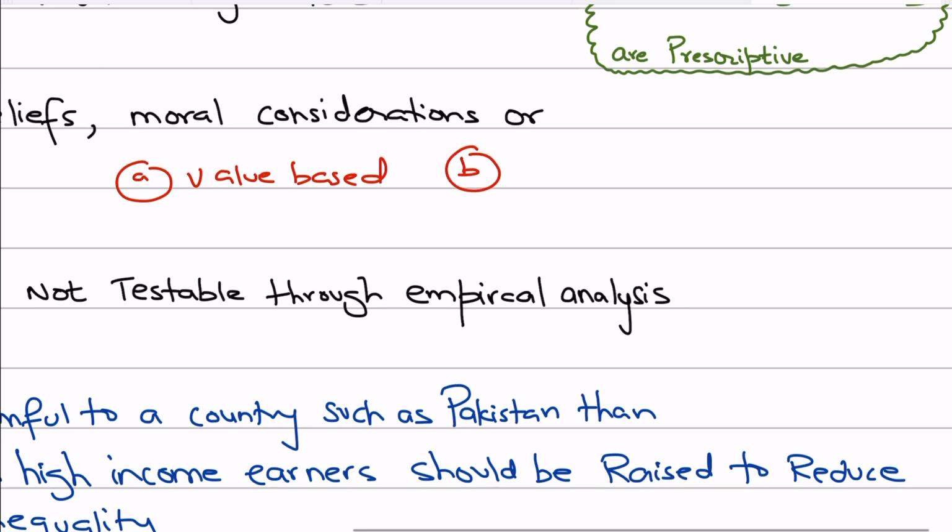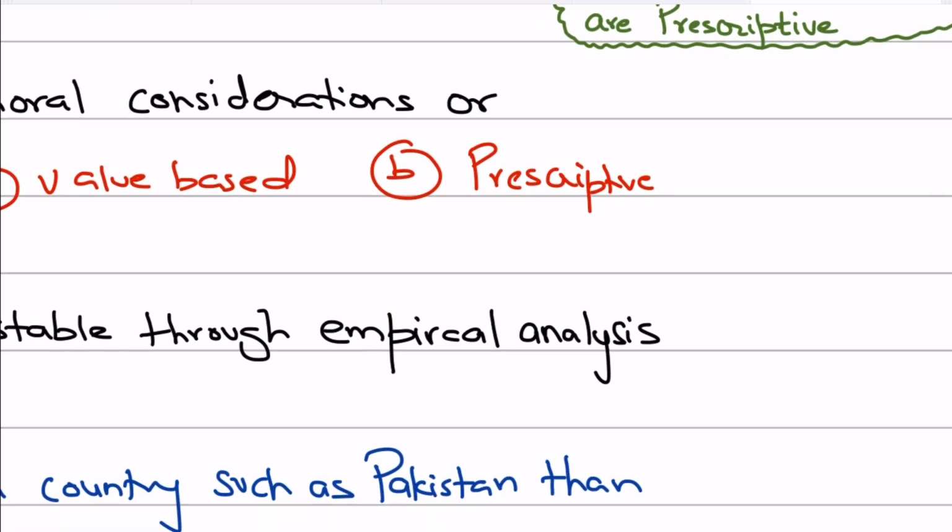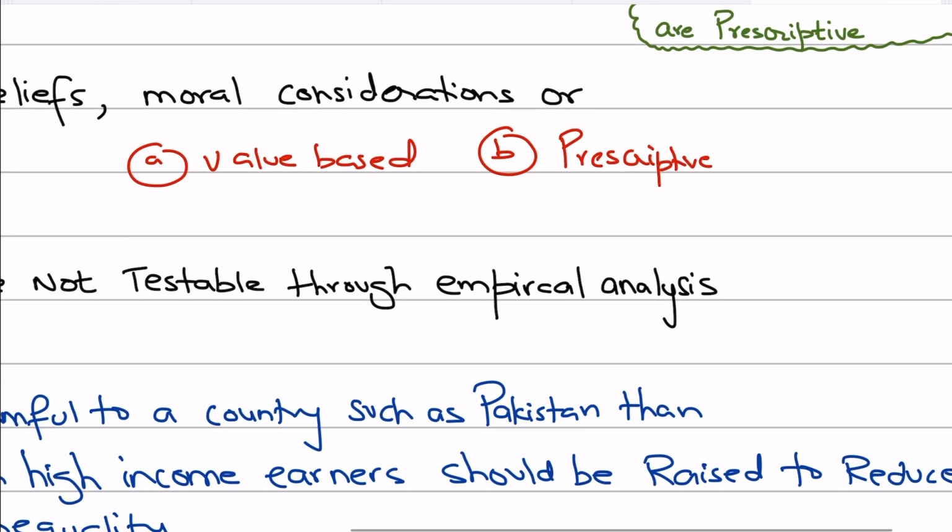And the second is that those statements are prescriptive. I've written this over here as well, that normative statements are basically prescriptive. Prescriptive means that they often suggest specific policies or specific actions that should be taken either by the firms, individuals, or the government, or anyone in the economy or in the country. So at times in the MCQs, look for words like should, ought to, or must.